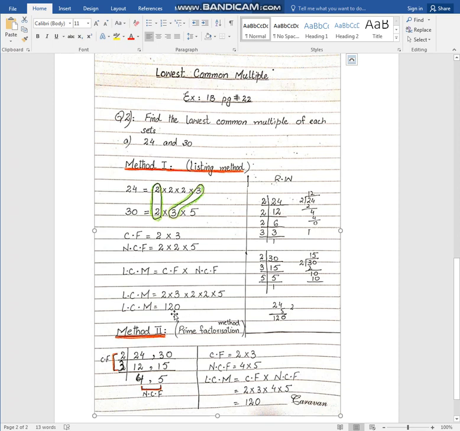The answer was 120 in the listing method, and also the answer is 120 in the prime factorization method. They both have the same answer by both the methods. Clear? I think you just get the concept of LCM by both the methods in this video. Thanks. Allah Hafiz.